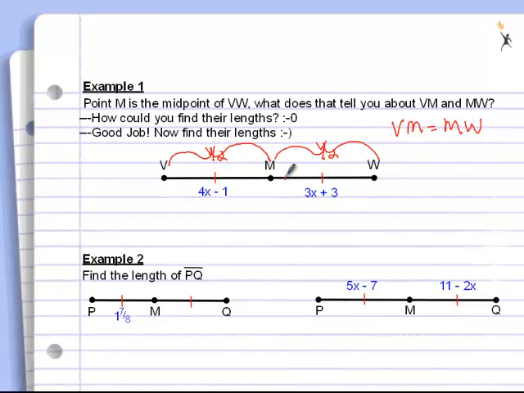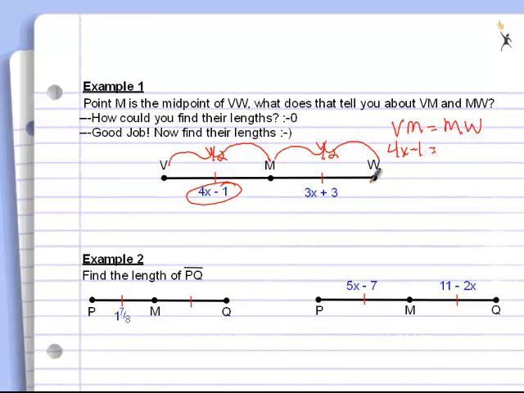Well, now we can actually use that information of setting them equal to find out what their total lengths are. If VM equals 4x minus 1, we can replace it with 4x minus 1.